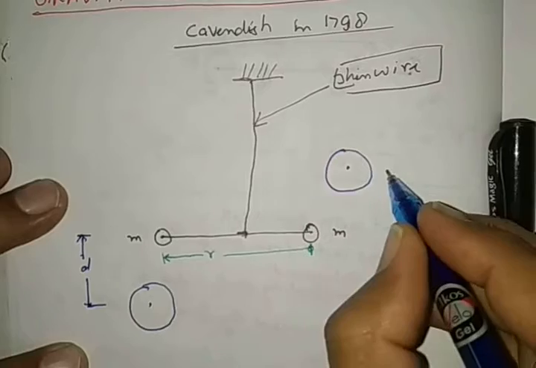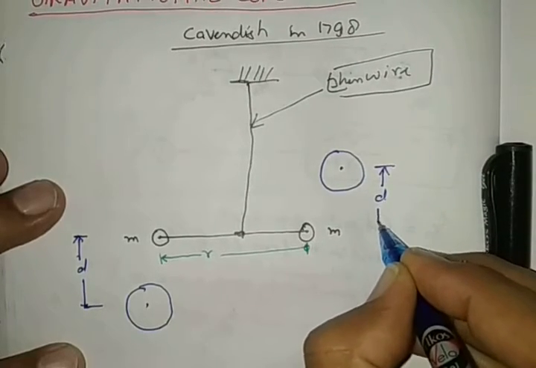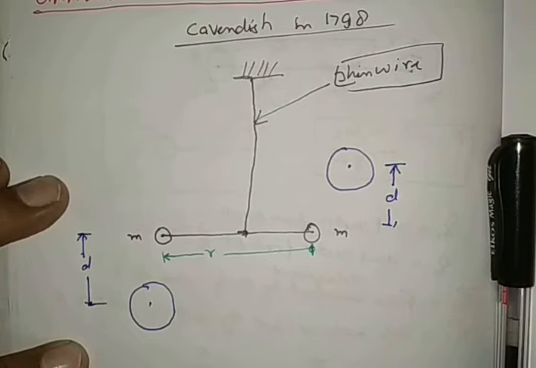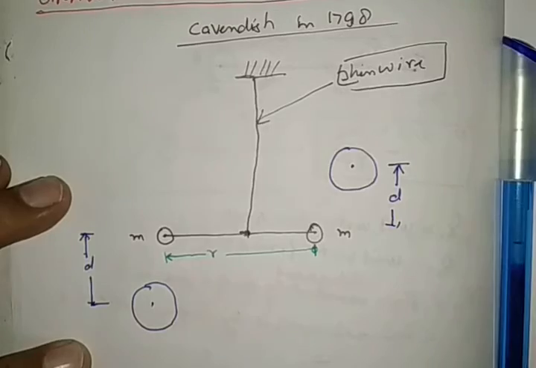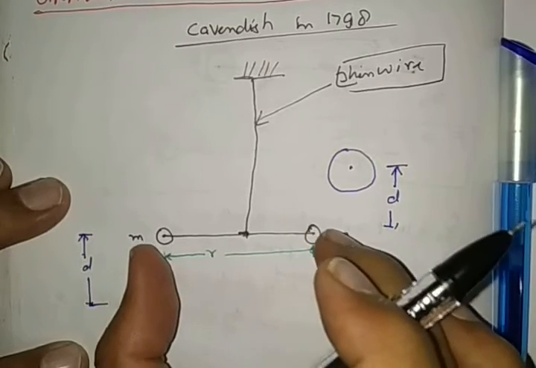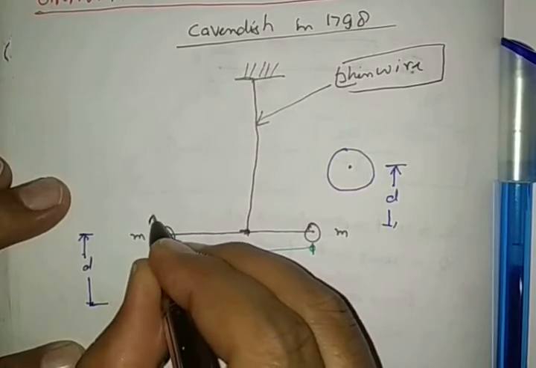This side, same as it is kept here also, d distance from here. Two heavier masses kept here. The situations are maintained here in such a way that these two light masses, their names we keep here as A and B.